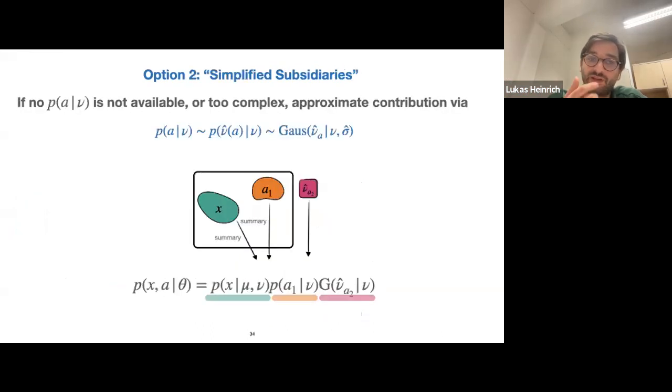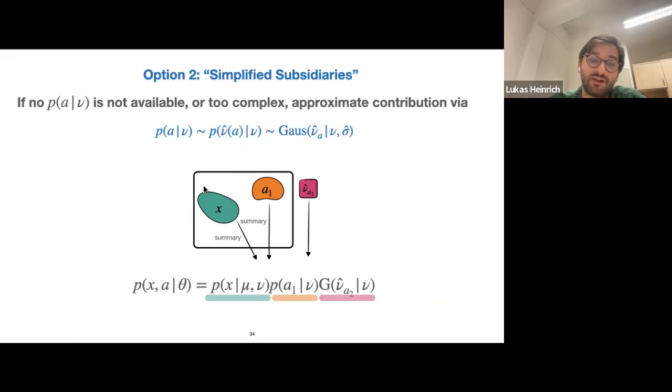And so we sometimes also do a shortcut where we have these simplified subsidiary terms, where if there's no full likelihood available for this additional measurement, we try to approximate it by basically assuming asymptotics and estimating the effect to the likelihood as a type of constraint term, where we model it basically as a likelihood in the estimator space that is a result of the data, and having that as a Gaussian likelihood, for example, as a constraint term.